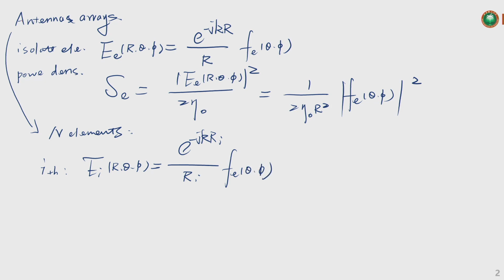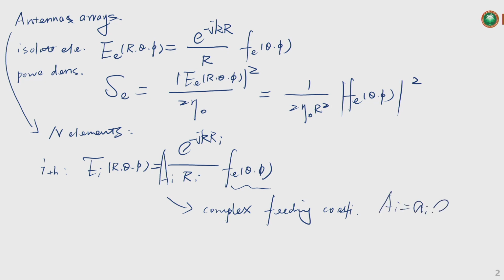Here, for such an antenna array, we assume that each element has the same directional element. And of course, we need to consider the fading coefficient, so here times a_i, the complex fading coefficient. So it can be expressed as a_i equals the amplitude times the phase part.